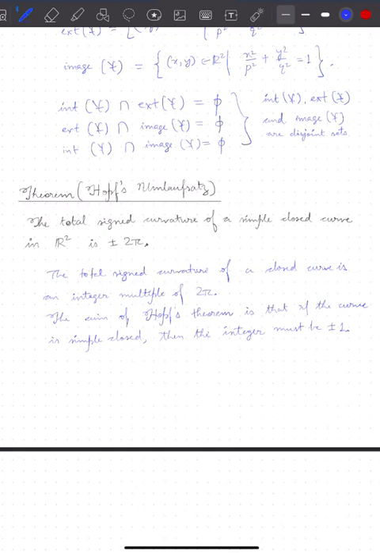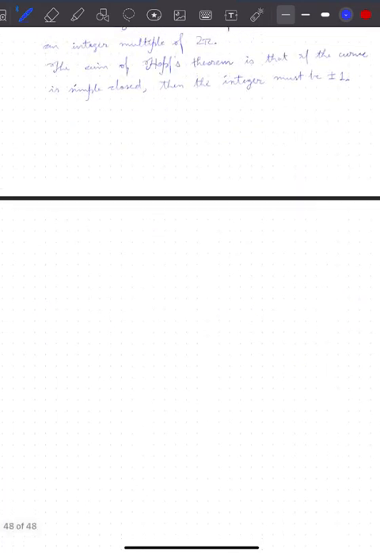Okay, and let's add two more theorems to our bucket today. So one is what we call the isoperimetric inequality.